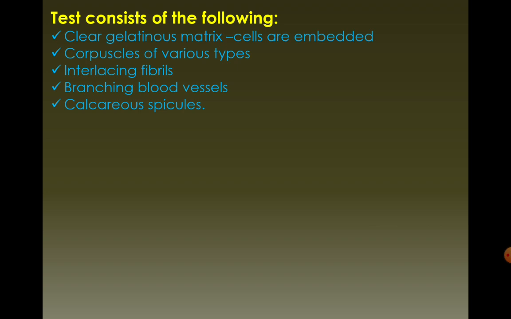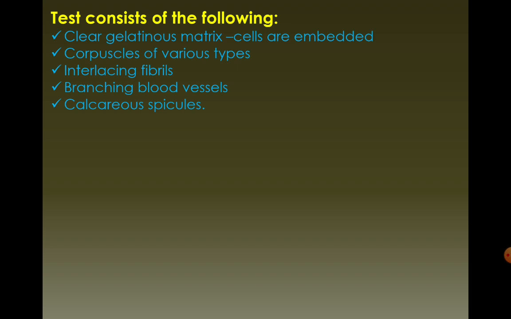Now when we talk about the test or the tunicin or the tunic, it mainly consists of the following layers. It has a clear gelatinous matrix in which the cells are embedded. It shows various types of corpuscles in it, and it has interlacing fibrils.